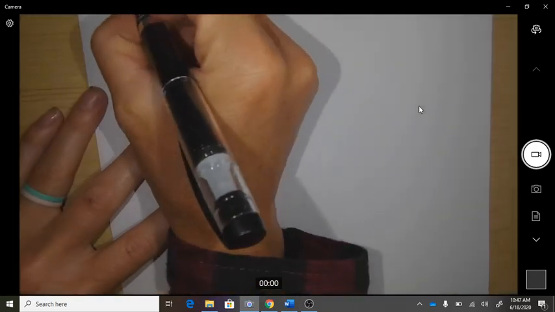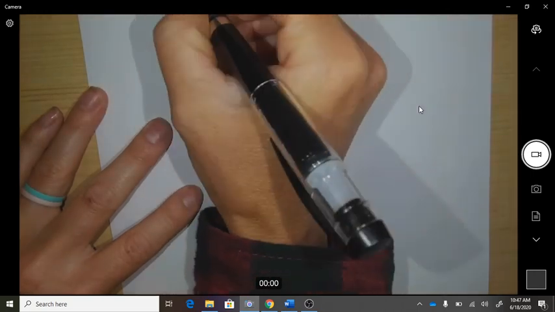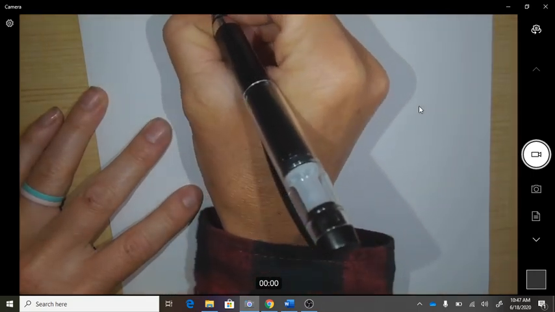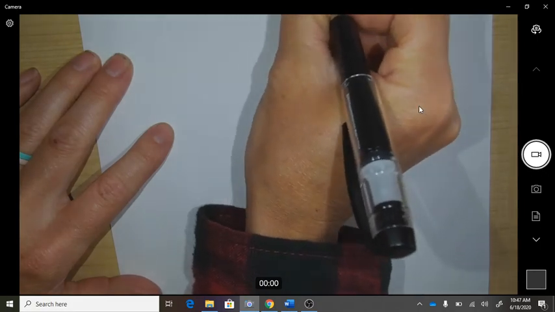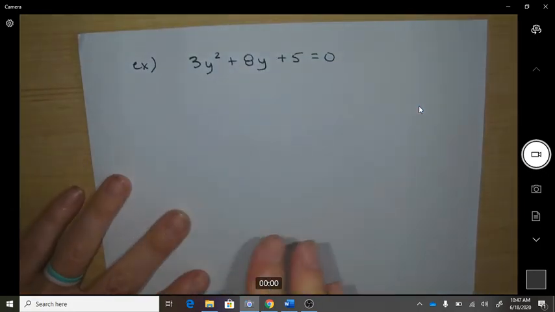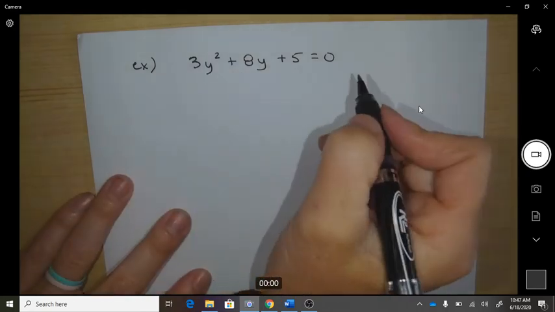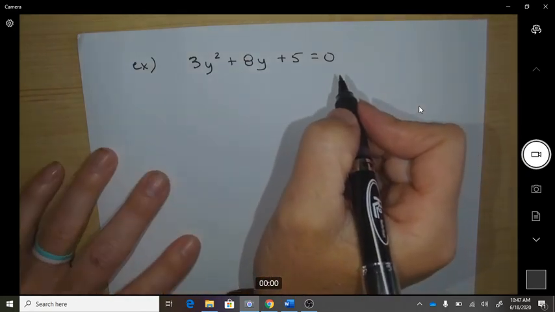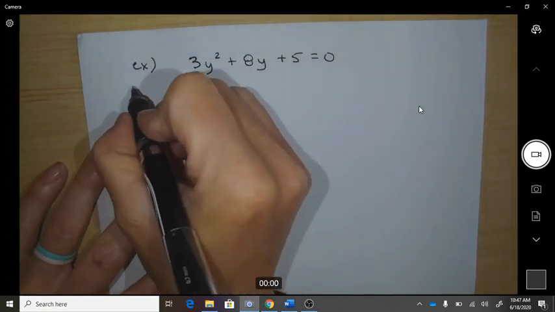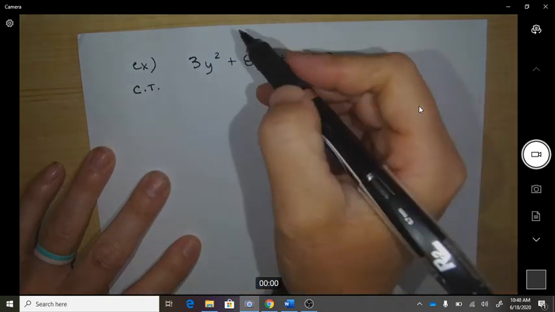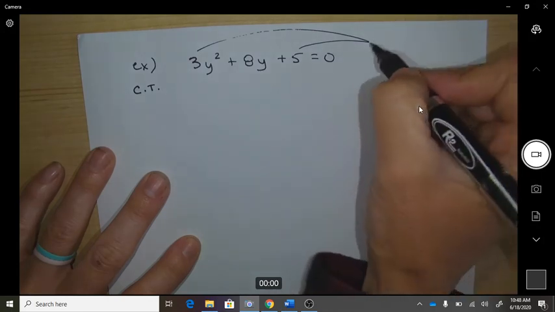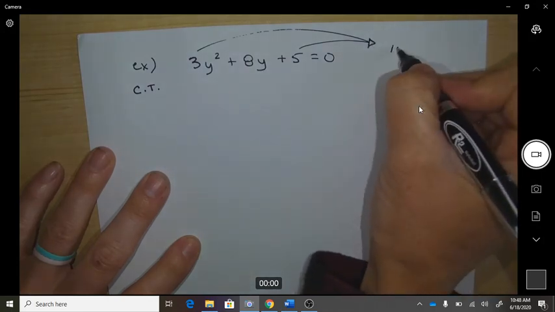Okay, example, let's do 3y squared plus 8y plus 5. Okay, so what style is this? This would be a complex trinomial. So I'm going to multiply and get a 15.